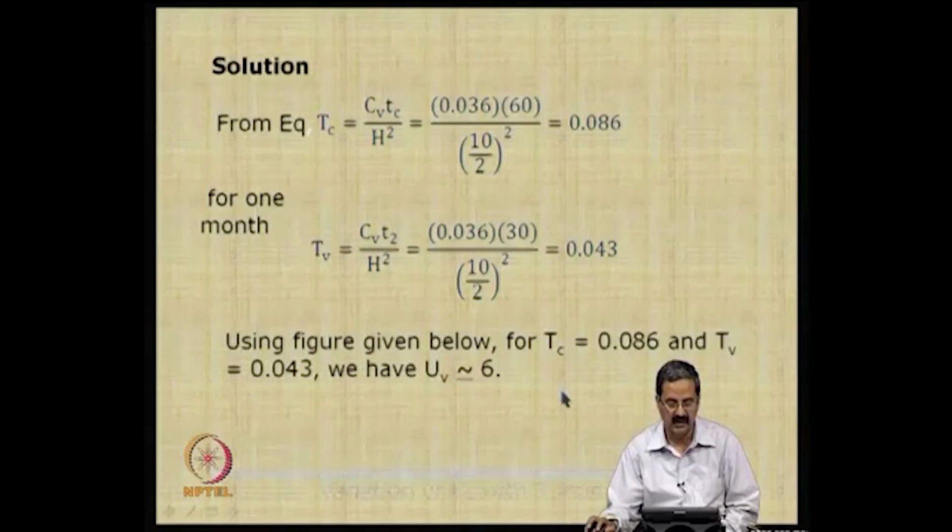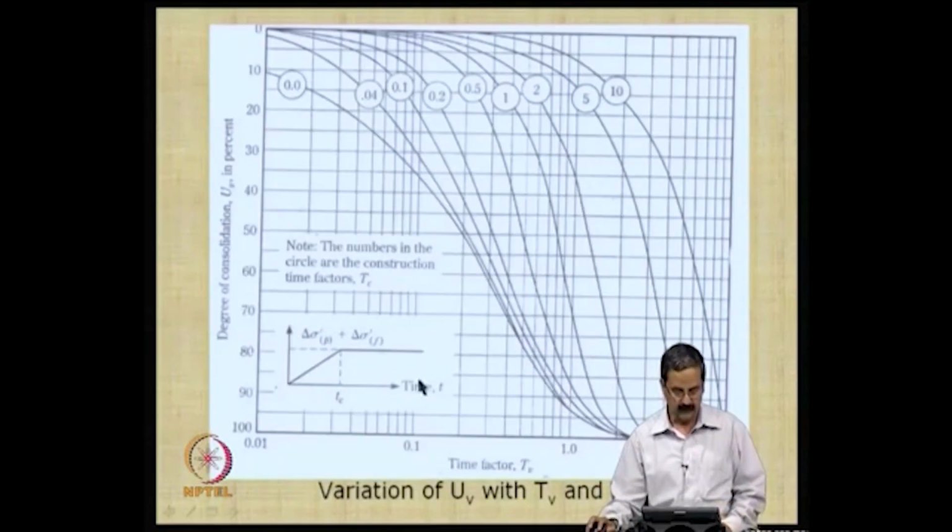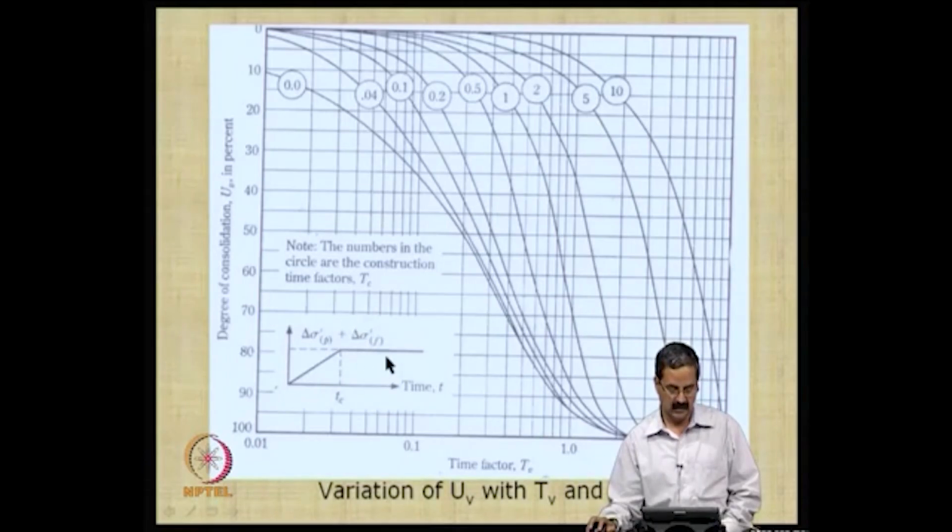Like I will show you this figure, this is what I was just mentioning, the ramp loading, the excess pressure that we have applied on the soil. This is called the degree of consolidation, and this is the time factor.